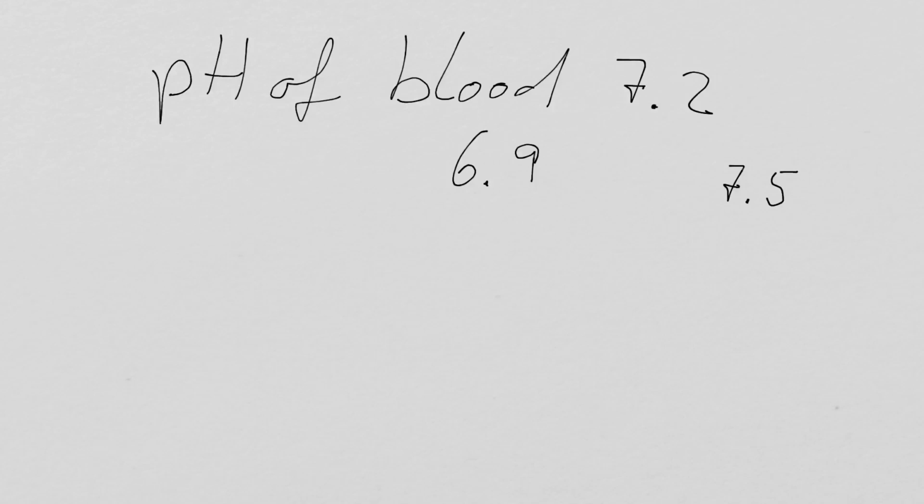End of story. And there are some really, really nasty diseases around that have the tendency to change the pH of your blood. Any suggestions? What is a disease that can change the pH of your blood?